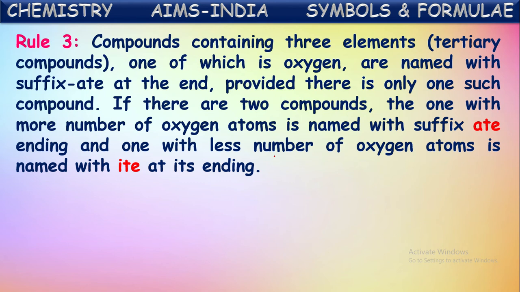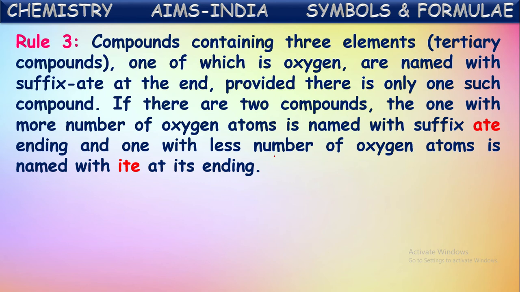If there are two compounds of the same combination, meaning the same three elements, then the one with more oxygen atoms is named with the suffix -ate, and the one with fewer oxygen atoms is named with -ite at the end of its name.